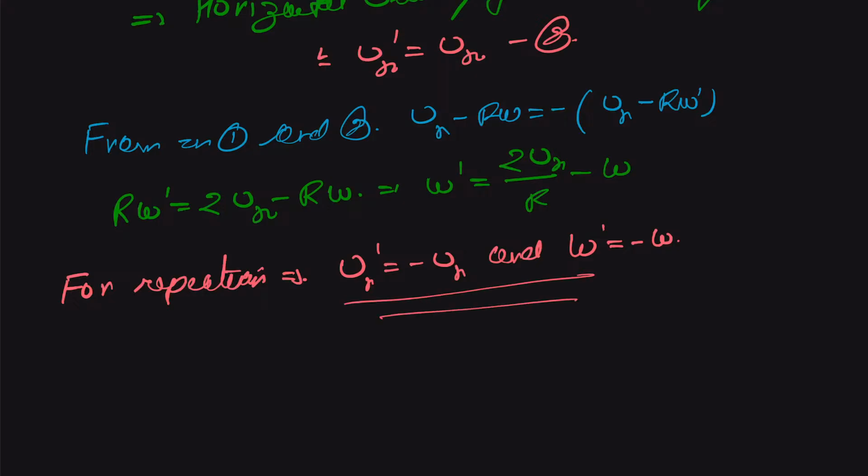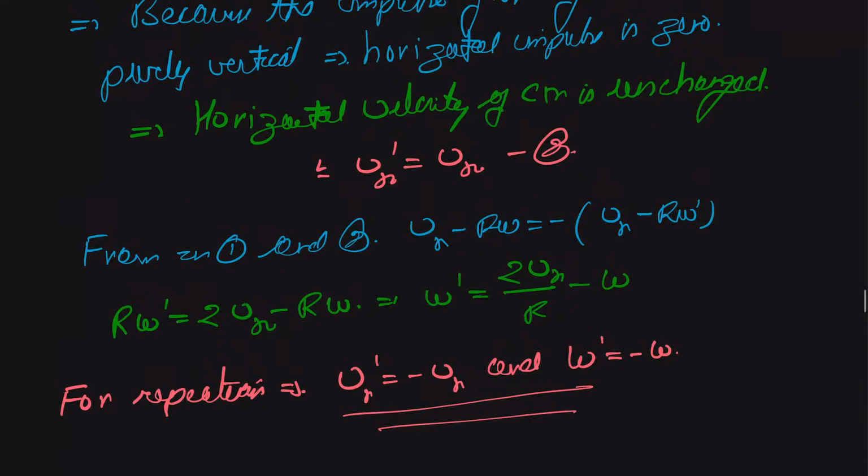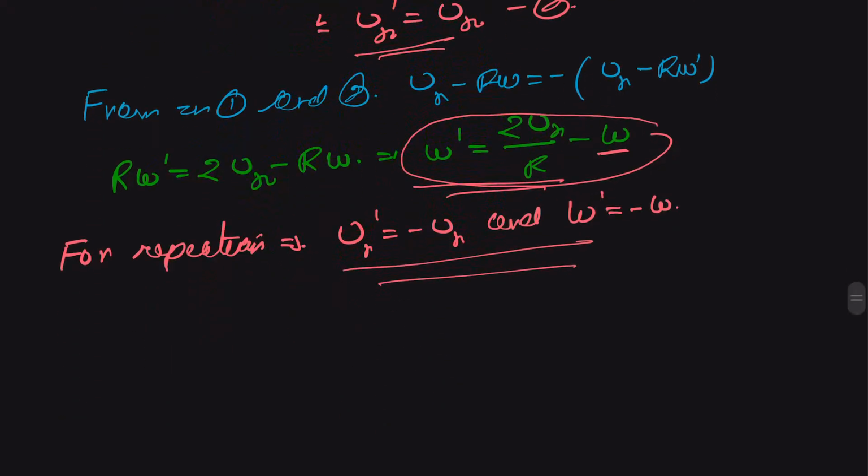These two conditions should be satisfied for the repetition. Okay. Which is, from here we can say that omega prime is a little bit complicated equation, at least is not negative of omega, and similarly our Vx prime is equal to our Vx. So these two conditions are not satisfied by the given calculation which we did.